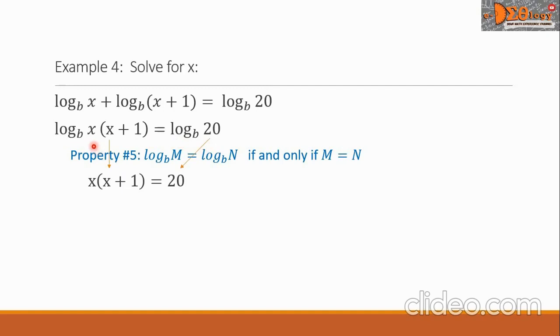So you see here, x times x plus 1 comes down equals 20. And from here, we will solve for x.